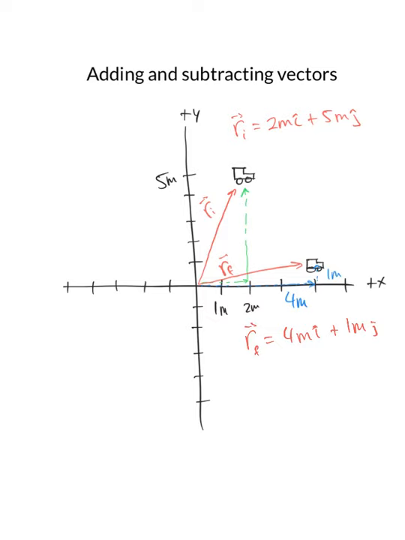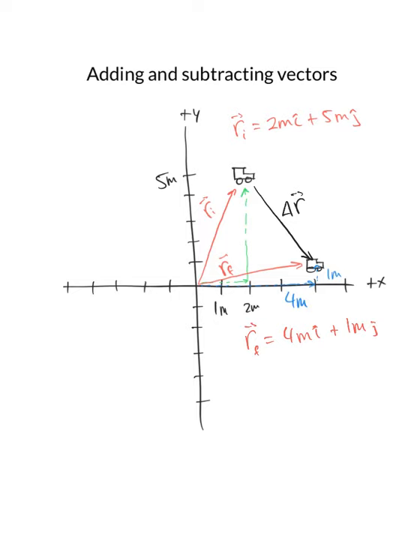Now, what we might like to do is find the vector that connects these two. I will call that delta r, my change in position vector. So this vector here, I'll call delta r.